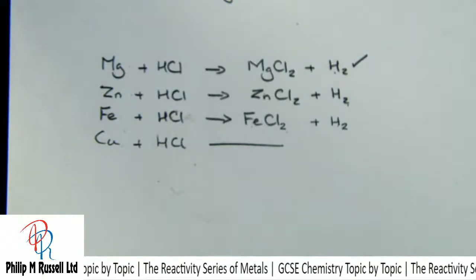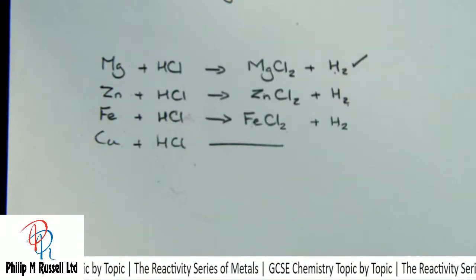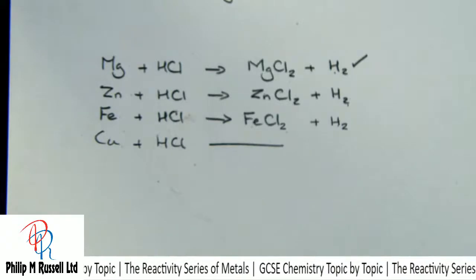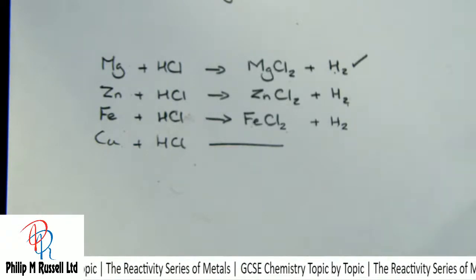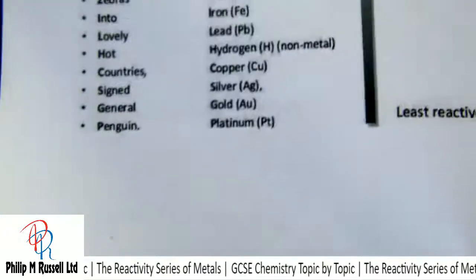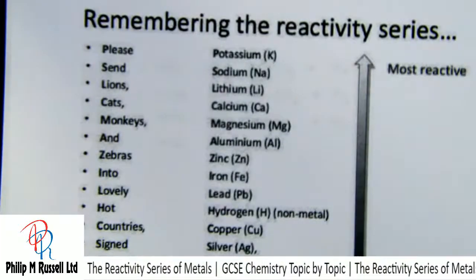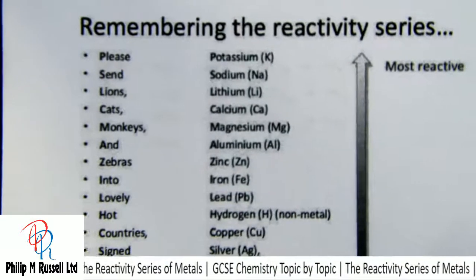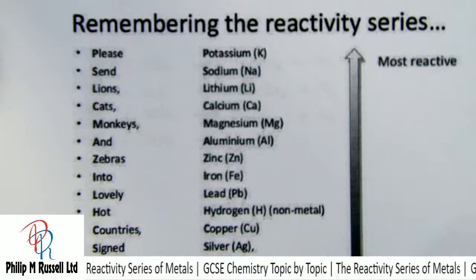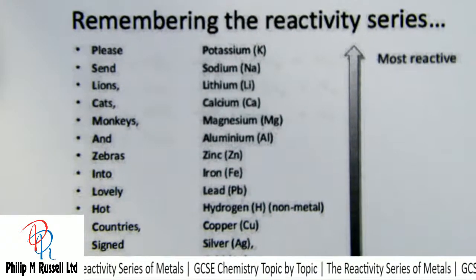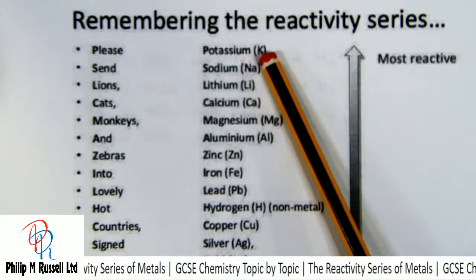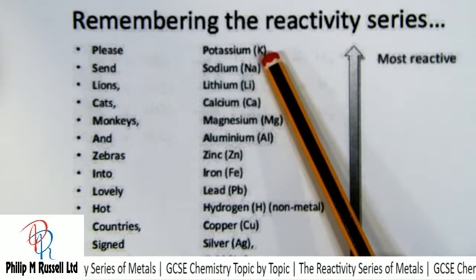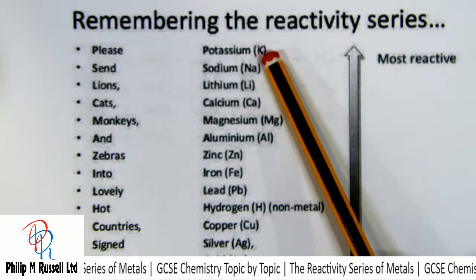So we can try to put these metals and more in a basic series so we can look at what's going on. And if we want to try and remember the reactivity series, here's an idea that you might find useful. So we've got potassium, the most reactive metal we know, so we're going to put that one on top.